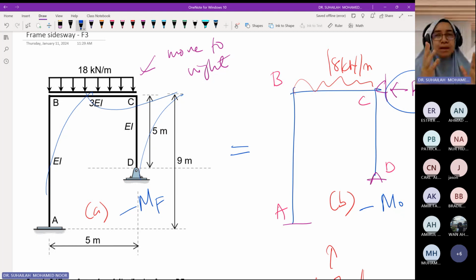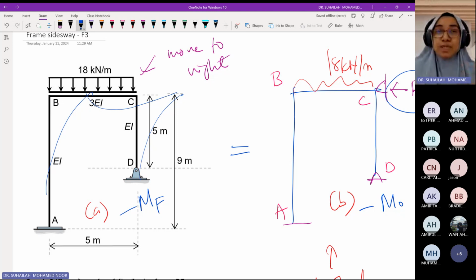So bila frame ni due to loading and due to geometry, dia unsymmetry. Bila dia unsymmetry, dia ada side movement. Tapi kalau tengoklah, dia akan tengok kepada EI dia, material properties.